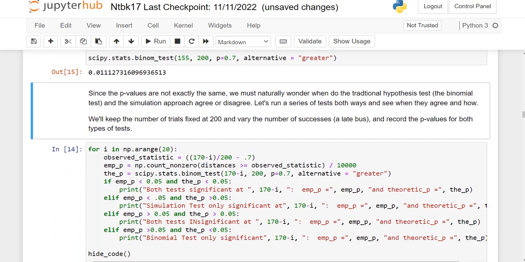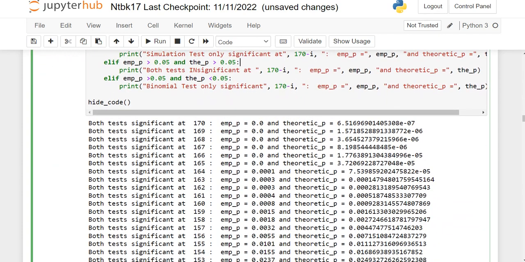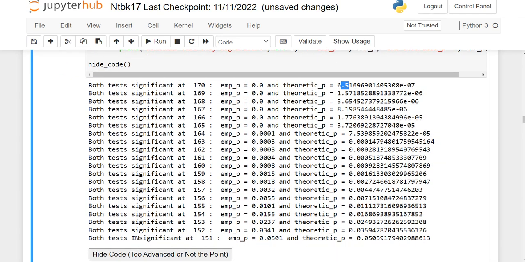And they go through this really interesting table of the number of times the bus is late and the p-value, empirically and theoretically. All of this code up here does that.